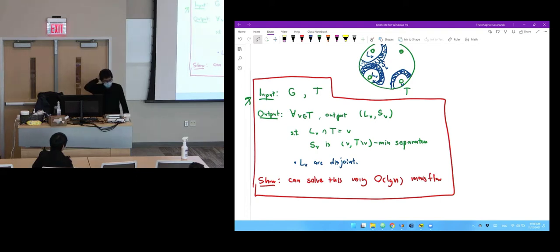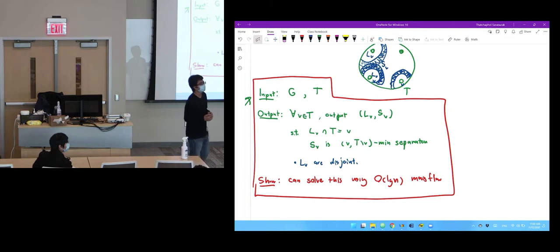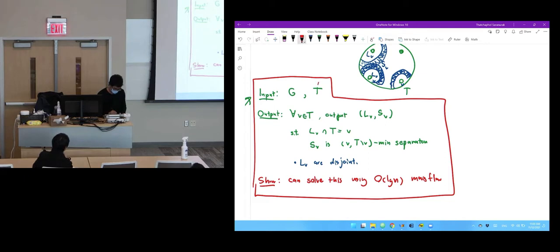Maybe let me point out where it seems to be a problem. Here, there needs to be some constraint on T. So let's say that T is an independent set, like there are no edges between vertices in T.